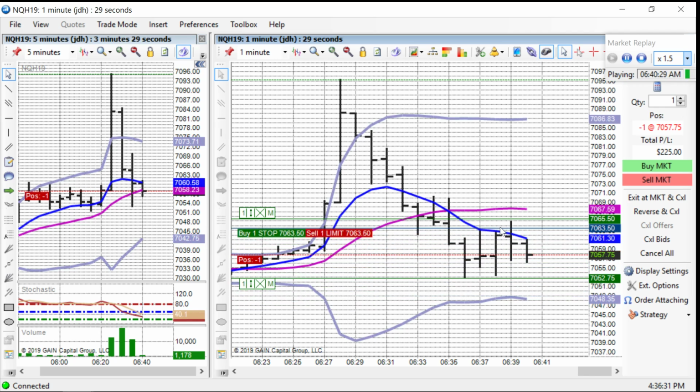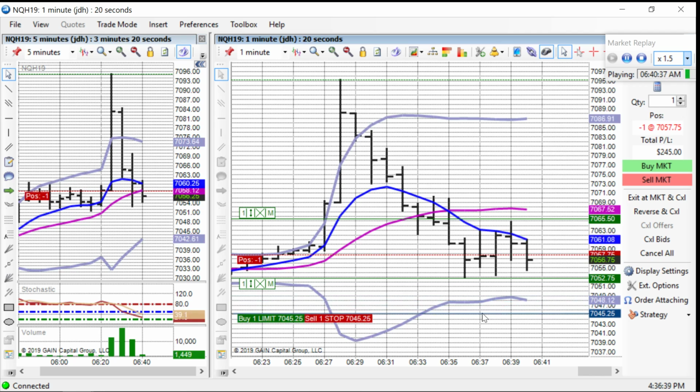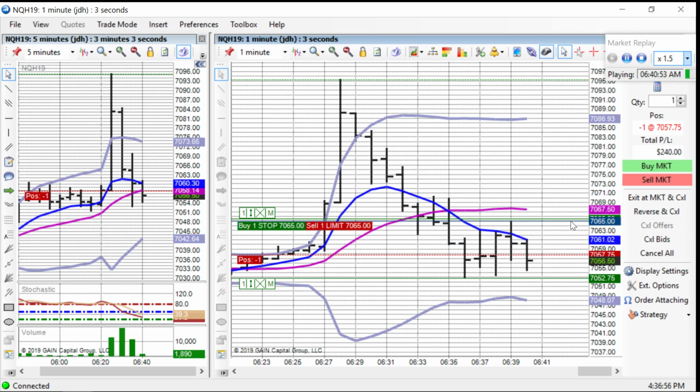I know I've got a good slope to that 8 MA line, and I know I've got some good distance to the outer Bollinger Band here. So that's a good signal as far as I'm concerned, but it's trading within a range right now. So I know that's pretty much my limit. So if that reverses on me, I can hit that reverse and cancel button, or just let it hit my stop and then take the trade to the upside, and it would probably go to the upper Bollinger Band.